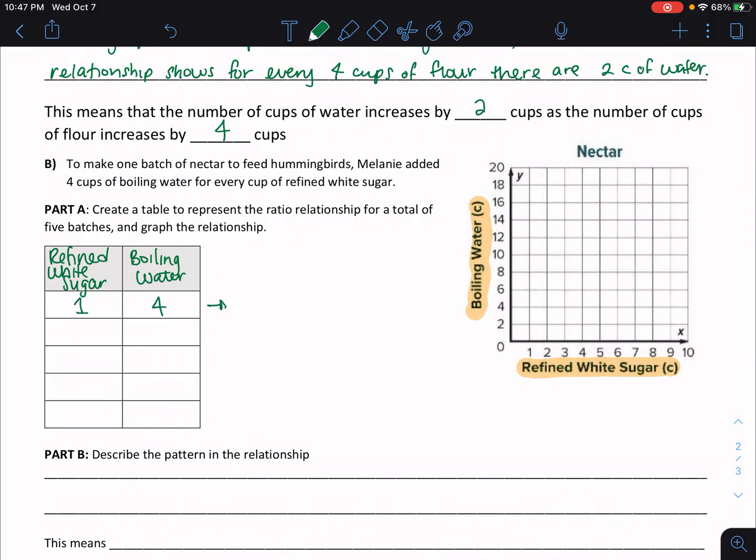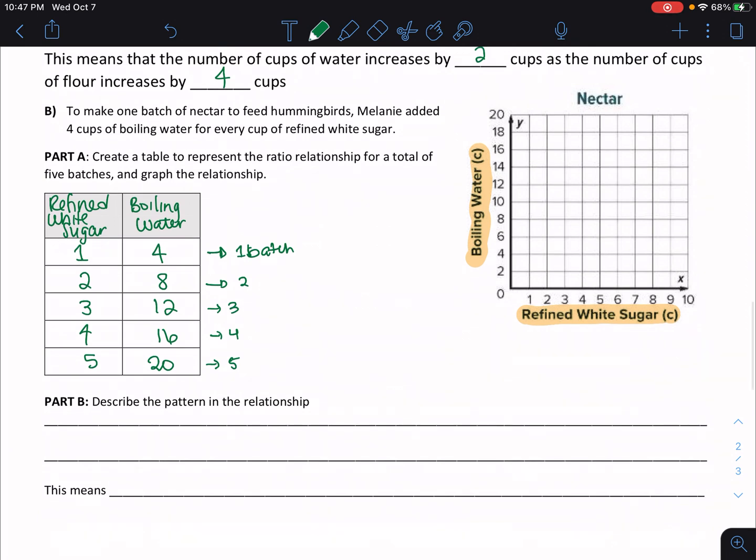So this is going to be your first batch. So this is 1 batch. So I've got 2, and then 8, 3, and then 12, 4, 16, and then 5, 20. So this is going to be 2 batches, 3 batches, 4 batches, and 5 batches.